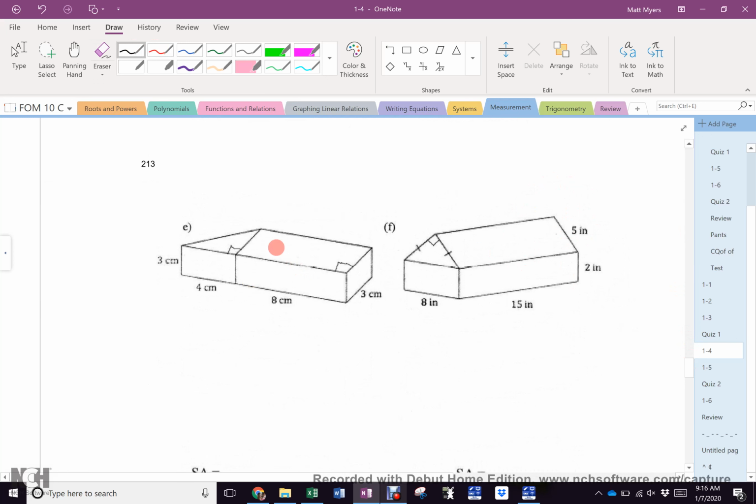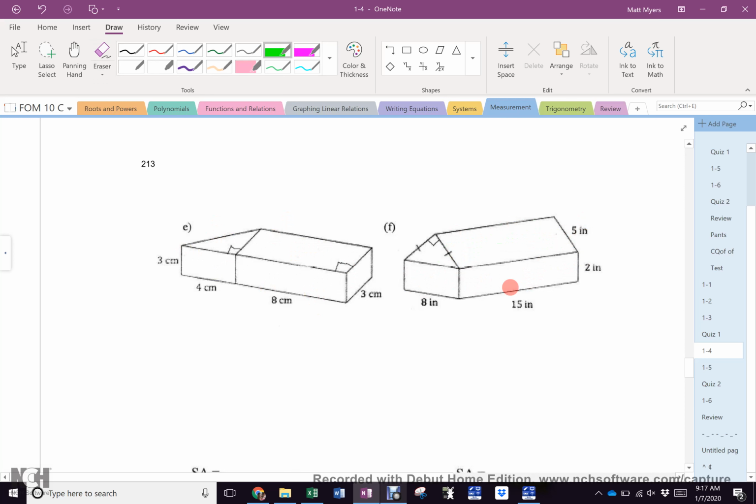Is there any formula for that shape? No, but isn't it a rectangle prism and a triangle prism? So try to figure it out.